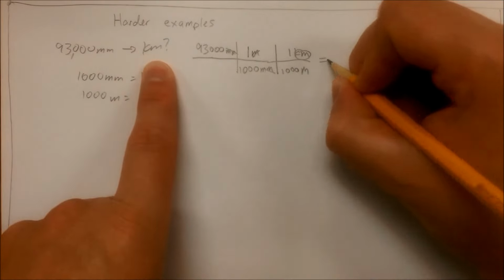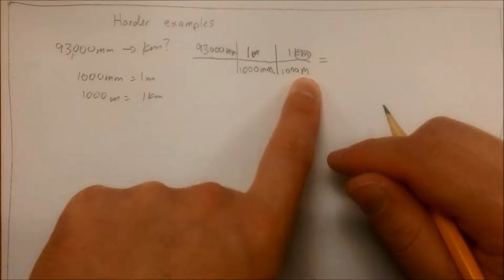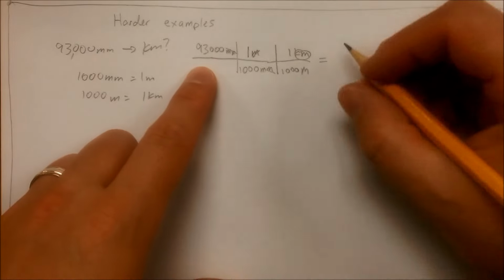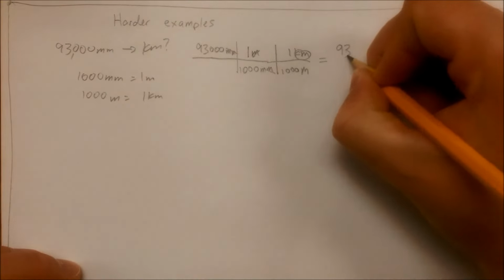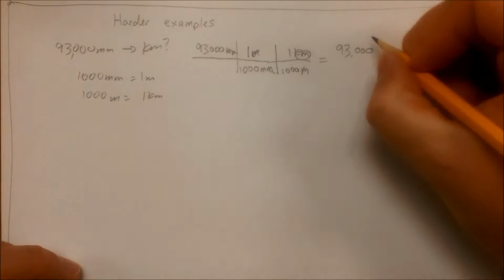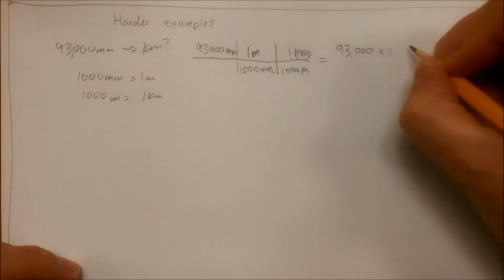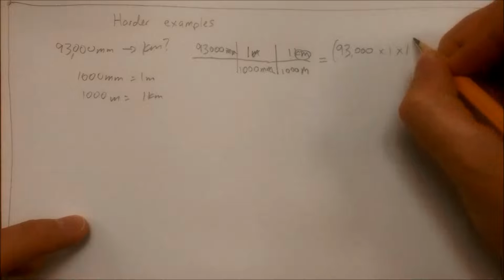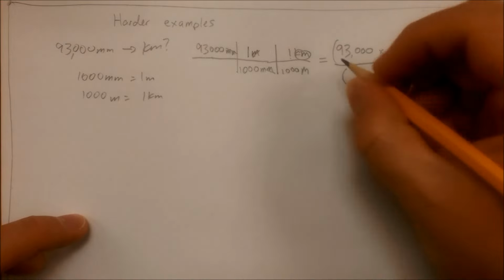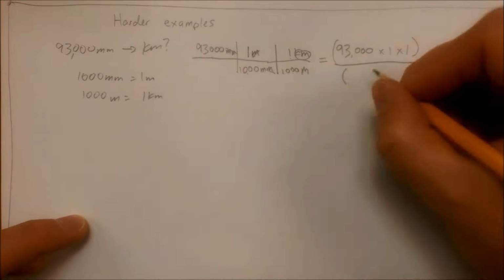Now I'm ready to multiply across the top and multiply across the bottom. Up top I'll have 93,000 times 1 times 1, divided by 1,000 times 1,000.